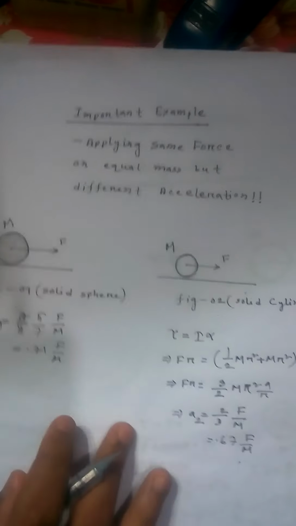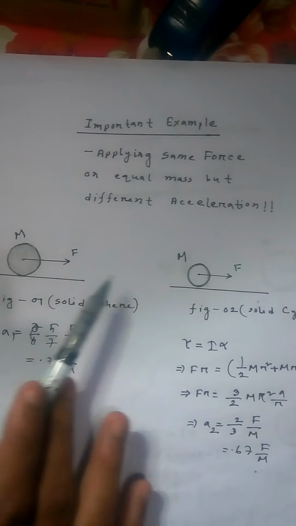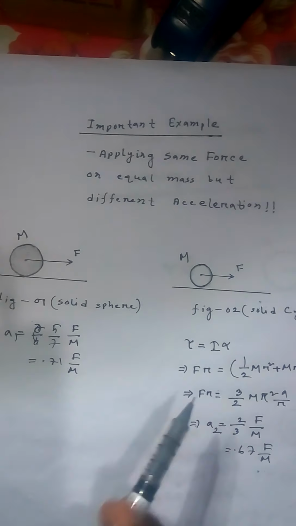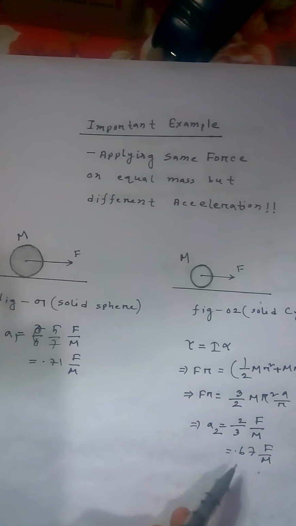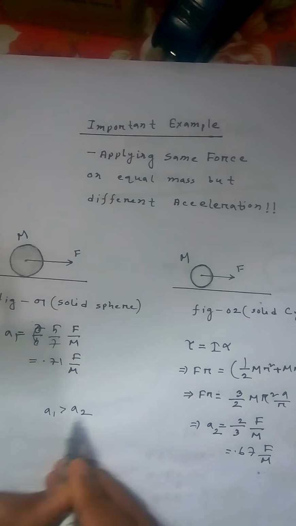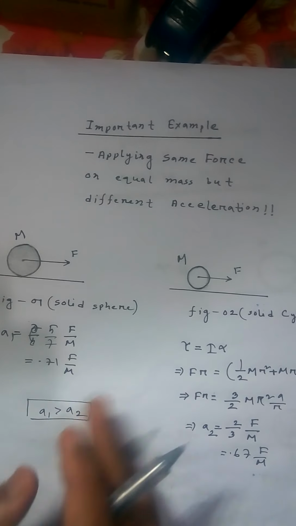So if we apply the same force on bodies of the same mass, a solid sphere and a cylinder, then the accelerations will be different, and a1 will be greater than a2. The solid sphere will move faster than the cylinder.